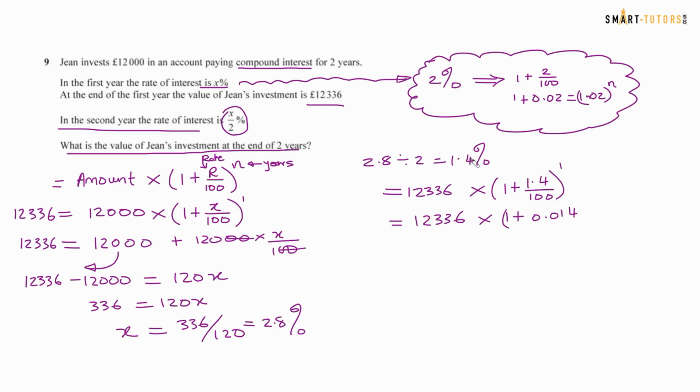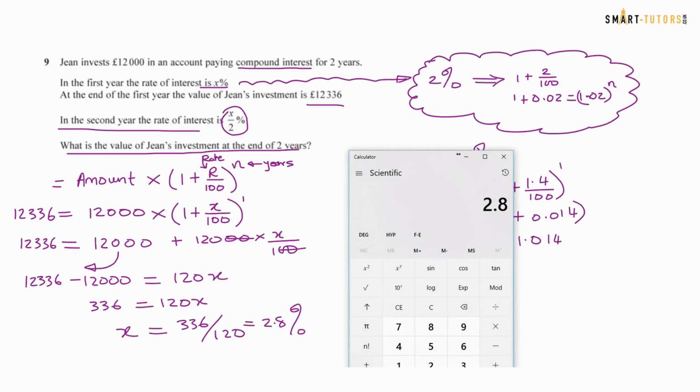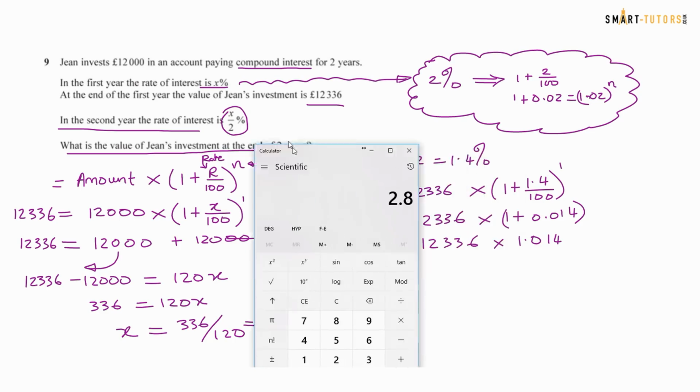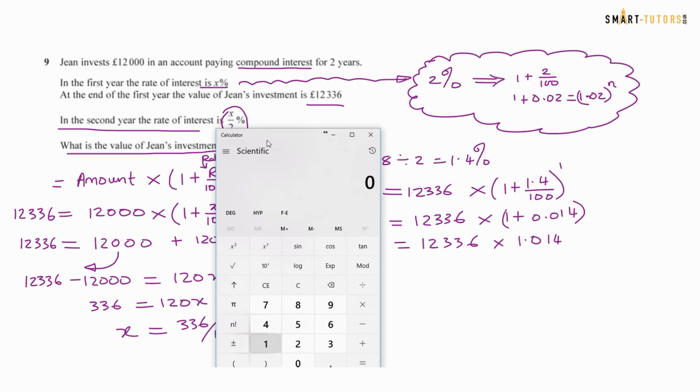If you press the calculator for this one, you will end up with the correct answer. So this is 1 plus 0.014, and you don't need to do that manually, I'm just trying to do it manually. So 12,336 times 1.014. So that could be the answer.